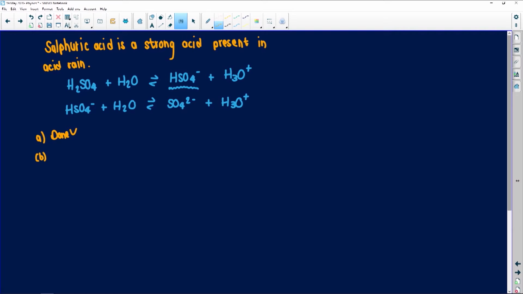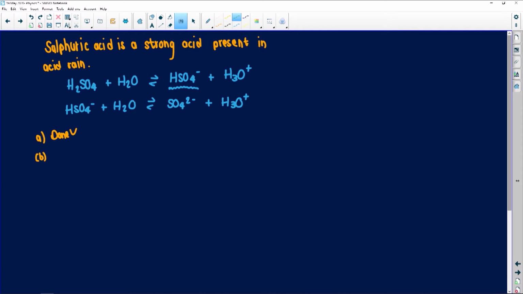Now, Jessica was the first person to show us how to find the conjugate acids and the conjugate bases. I'm just going to go through the first one. H2SO4 is an acid because it donates. H2O is a base because it will accept.